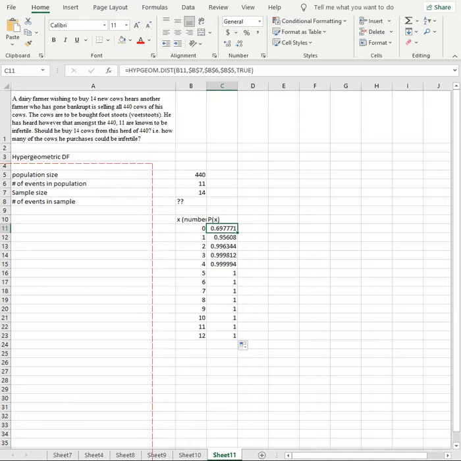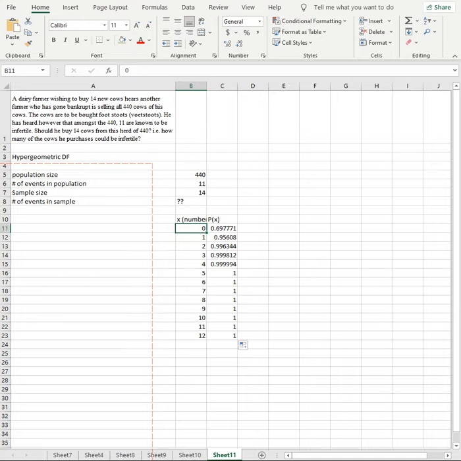So there is a, say, 70% probability that the number of infertile cows in that sample, or the group that we buy off the dairy farmer, will be 0.